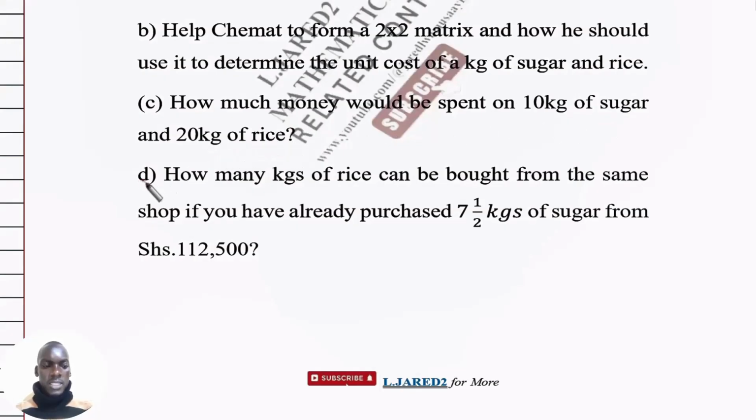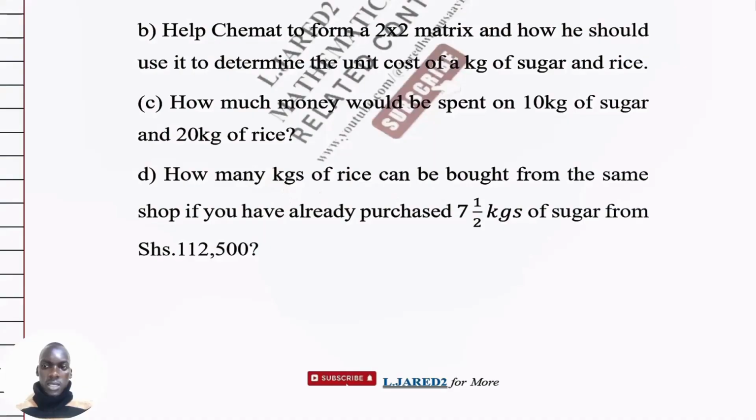Then our last part, which is part D, how many kilograms of rice can be bought from the same shop if you have already purchased 7.5 kilograms of sugar from shillings 112,500.